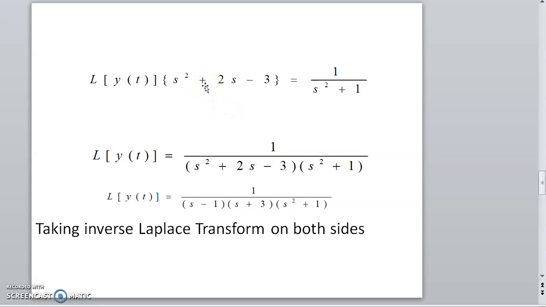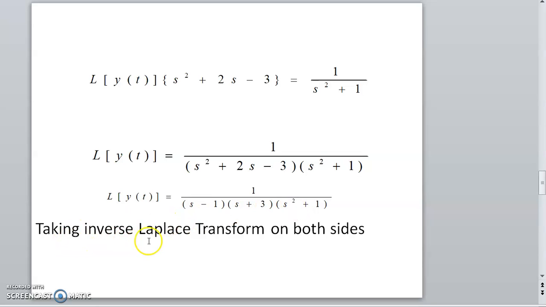To bring the term s squared plus 2s minus 3 to the right side, we get L of y of t equal to 1 divided by s squared plus 2s minus 3 into s squared plus 1. Therefore, to factorize, s squared plus 2s minus 3 can be written as s minus 1 into s plus 3, times s squared plus 1. The second step is finished.